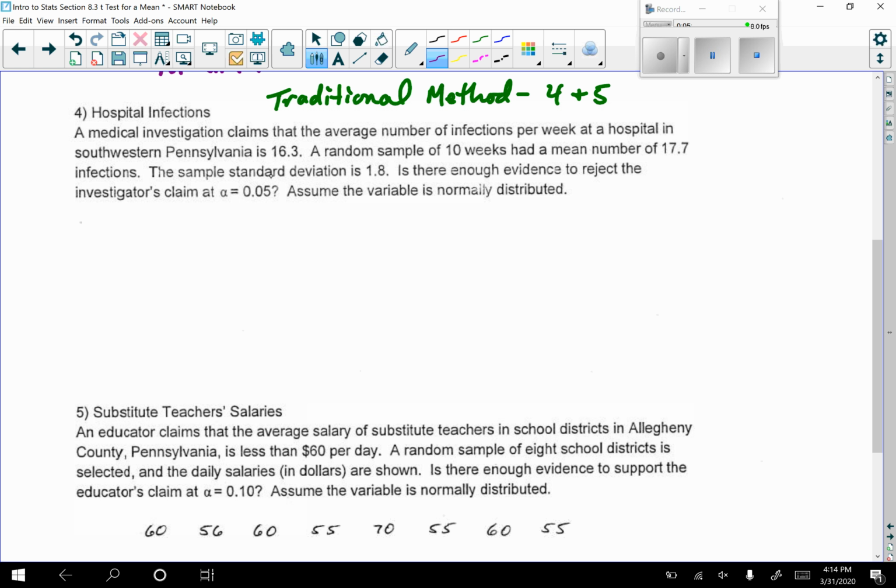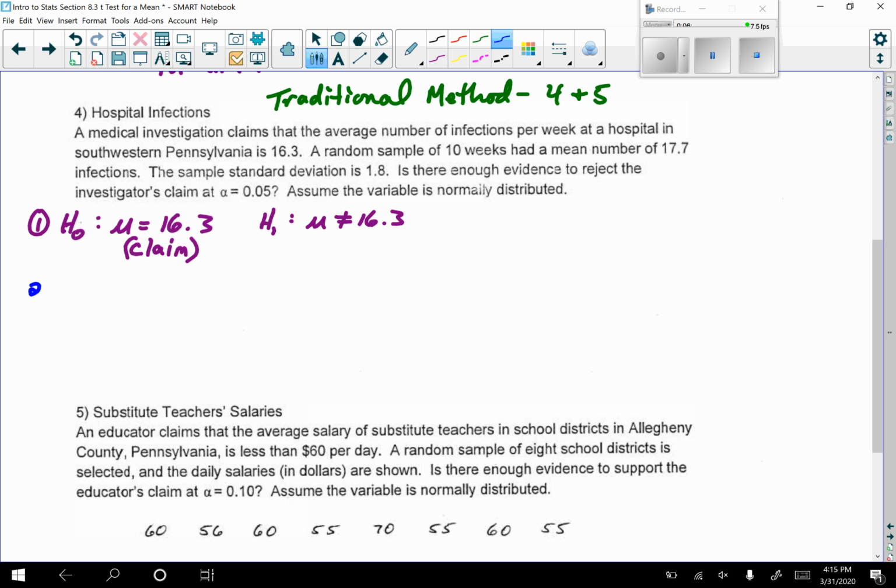Since we have no other number or no other comparison, our alternative hypothesis is going to be that it's equal to something other than 16.3. So for step 1, the null hypothesis is going to be mu is equal to 16.3, and this is the researcher's claim. The alternative hypothesis is that mu is some other number other than 16.3.